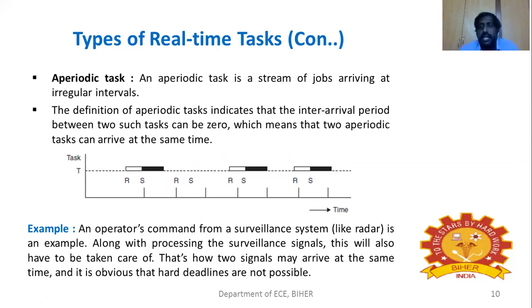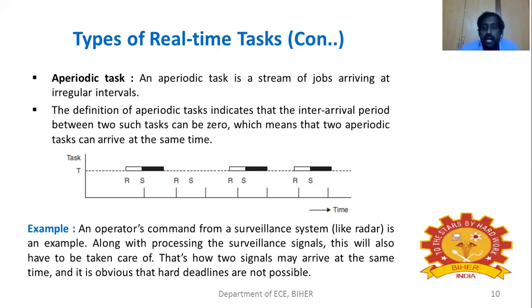The definition of an aperiodic task indicates that the time interval is not the same. So the inter-arrival period between two tasks can be 0, which means that two aperiodic tasks can arrive at the same time also. This is the way it is different from a periodic task.